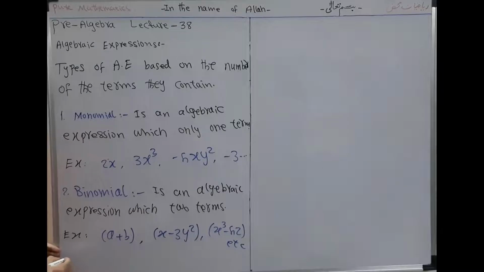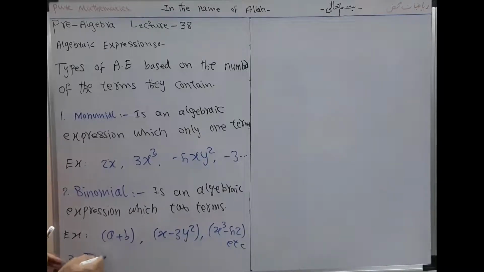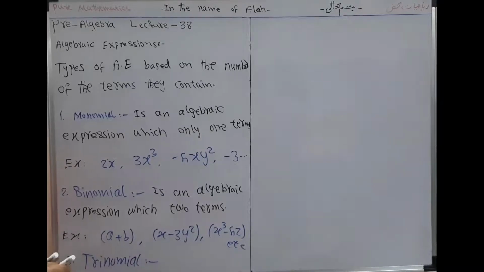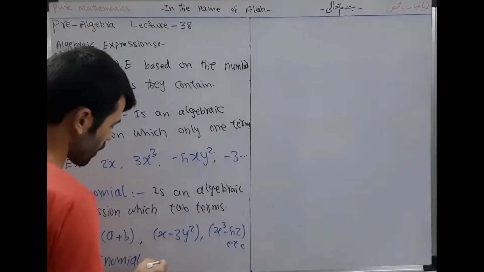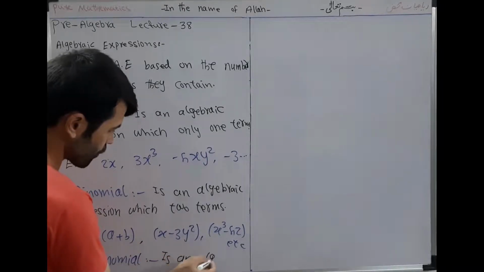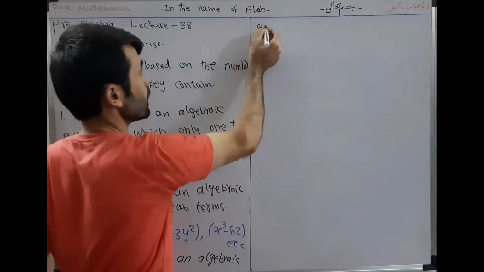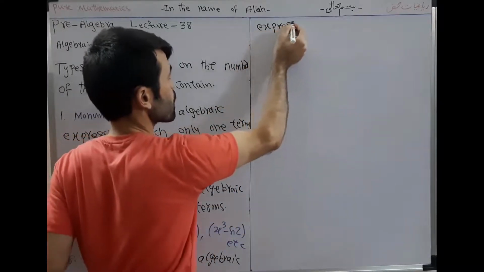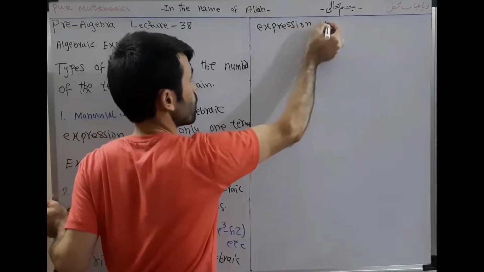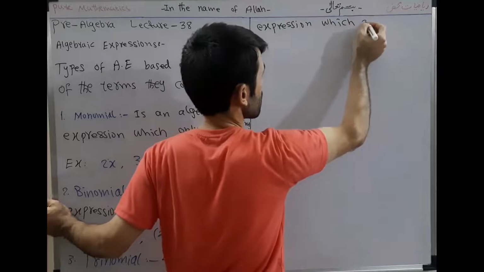Third one, trinomial, is an algebraic expression which has three terms.